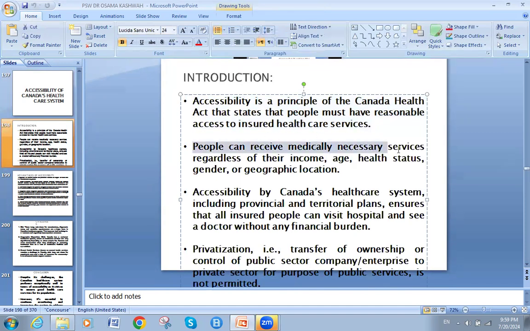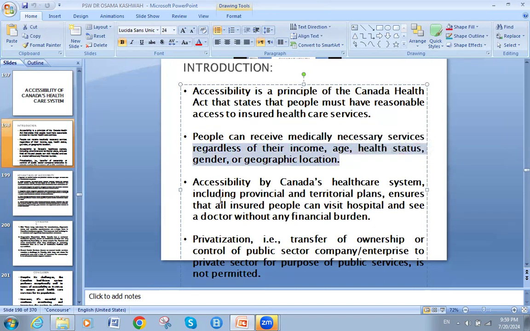So people can receive medically necessary services regardless of their income, age, health status, gender, or geographic location.